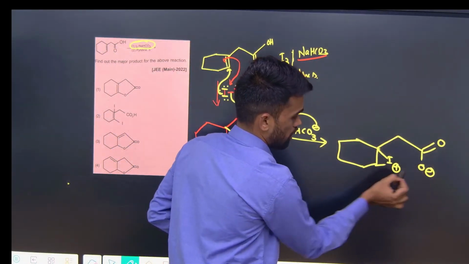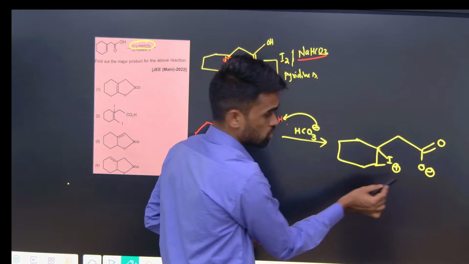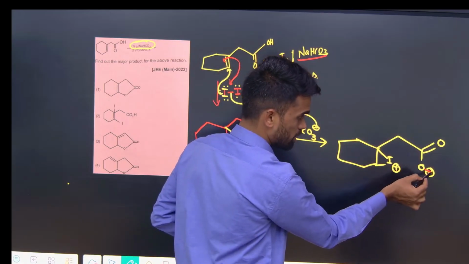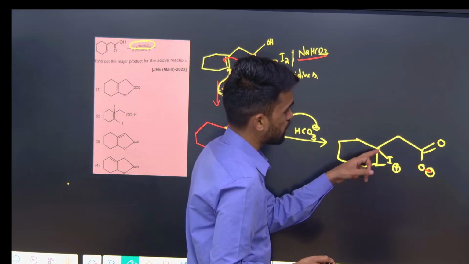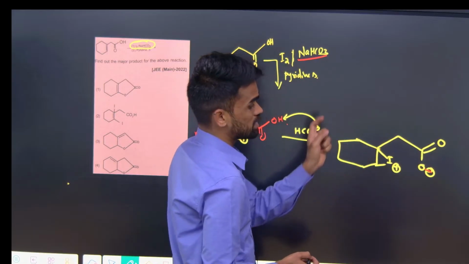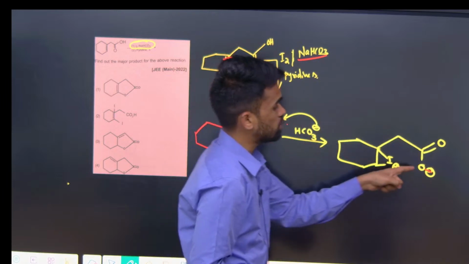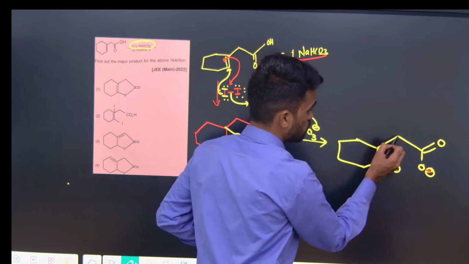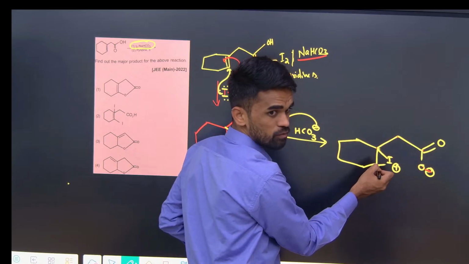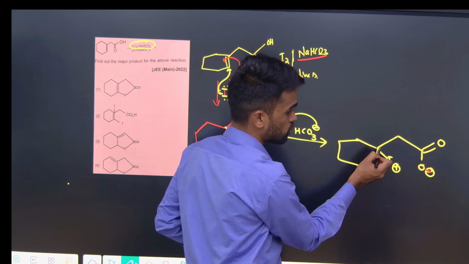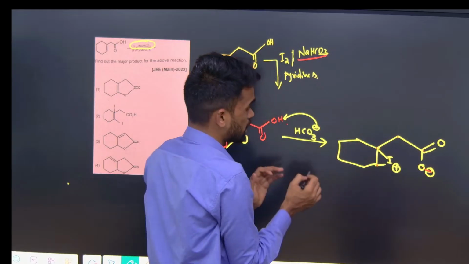Here this 3-membered ring is unstable now. So the O minus will be the nucleophile now. So where will it attack? Either on this carbon or this carbon. Just count what ring size we are going to get when O minus is attacking. See, 1, 2, 3, 4, 5. If it is attacking here, we are going to get a 5. If it is attacking here, 4. That 4 is unstable, so make it 5-membered.